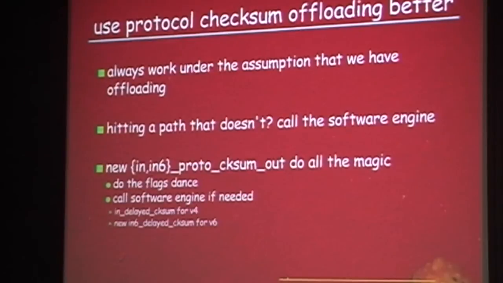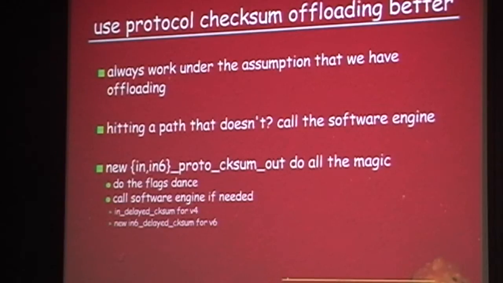So what did I change? We always want to work under the assumption that we have an offloading engine, because almost everything these days has. If we're hitting a path that does not have any offloading capabilities, because it's a stupid network interface card, or it's an IPsec card, or anything like that, we'll just call it the software engine, basically emulate the hardware offloading engine.